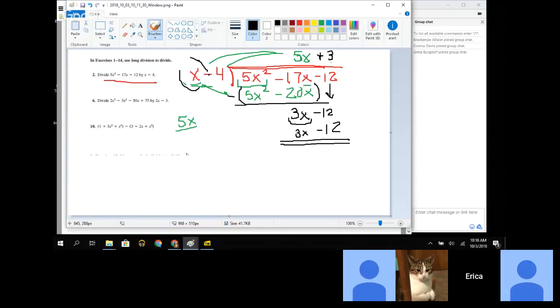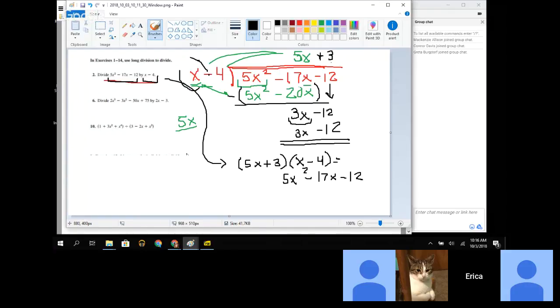So that means that 5x squared minus 17x minus 12 divided by x minus 4 is 5x plus 3. Okay? Or another way we could say this is 5x plus 3 times x minus 4 equals 5x squared minus 17x minus 12.